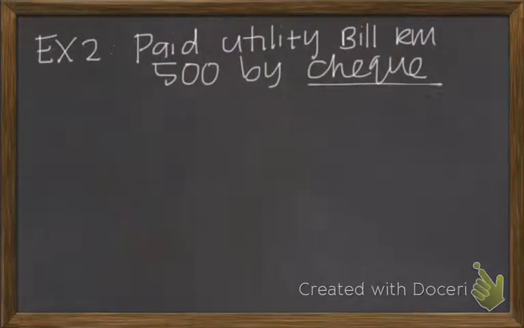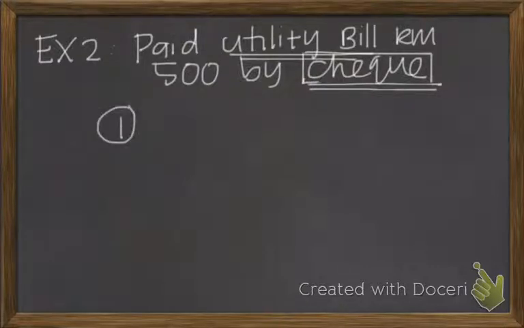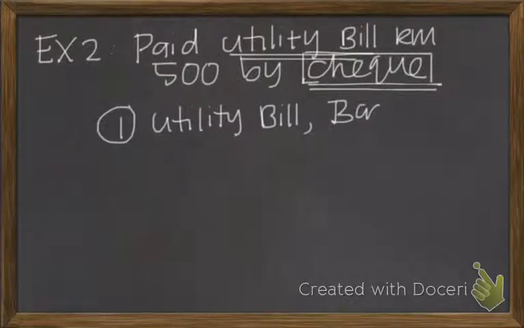When we pay using a check, we use our business bank account to pay the utility bill. So now identify the two accounts involved, which are the utility bill account and our business bank account.